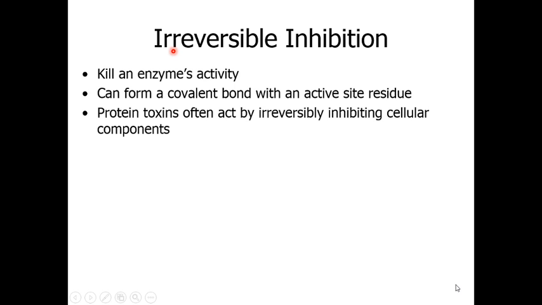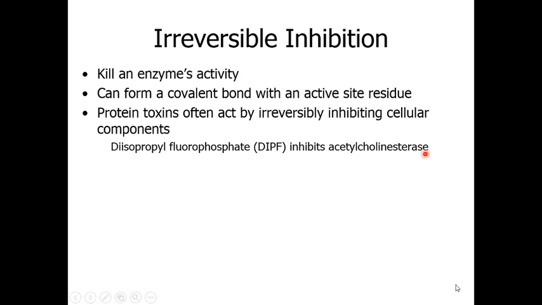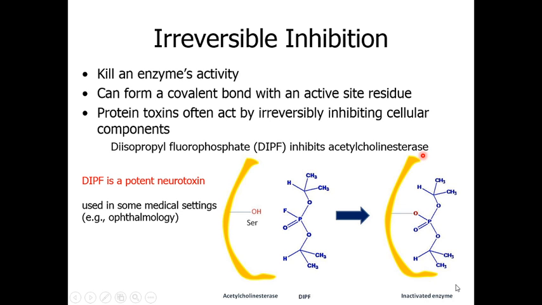Protein toxins often act by irreversibly inhibiting cellular components. An example is diisopropyl fluorophosphate. It's an inhibitor of the enzyme acetylcholine esterase. Diisopropyl fluorophosphate is a potent neurotoxin.